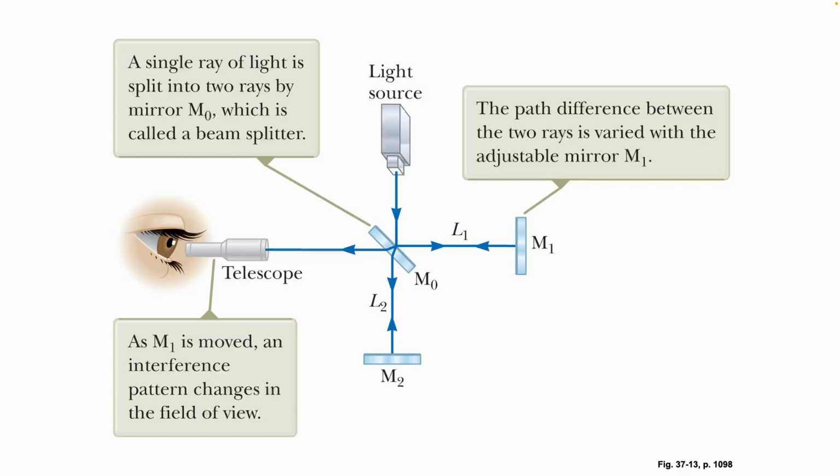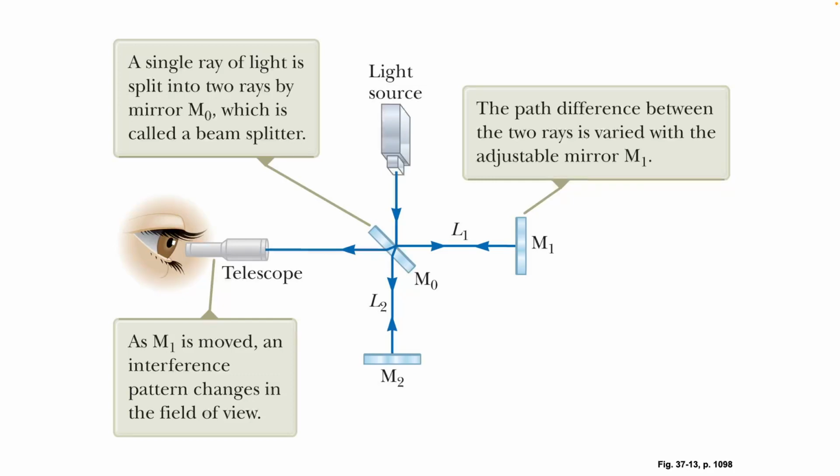interferometry is using the interference of light to measure very precisely the distances to things. In this setup, light, usually a laser, is shined onto a beam splitter. This is a piece of glass that's partially silvered, meaning that 50% of the light passes through while 50% is bounced off.